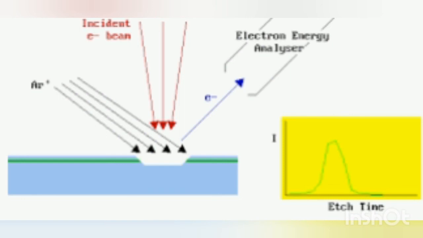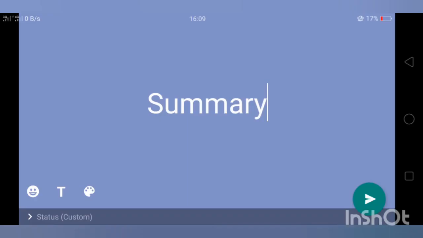Surface etching can be accomplished by simultaneously exposing the surface to an ion flux, which leads to sputtering of surface atoms. In summary, by collecting Auger spectra as the sample is simultaneously etched by ion bombardment, it is possible to obtain information on the variation of the composition with depth below the surface. This technique is named Auger depth profiling.